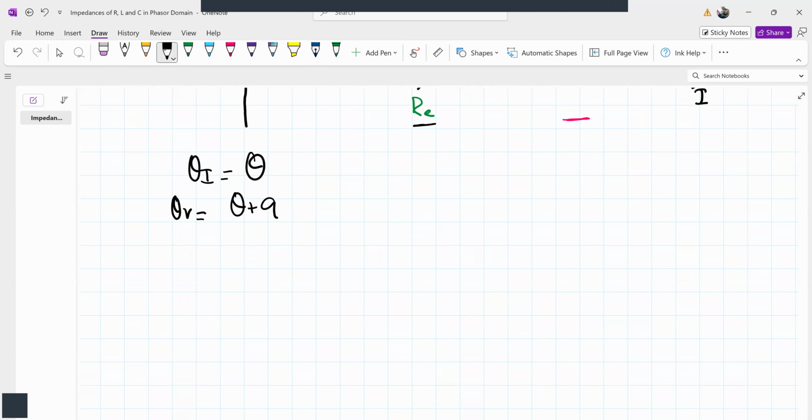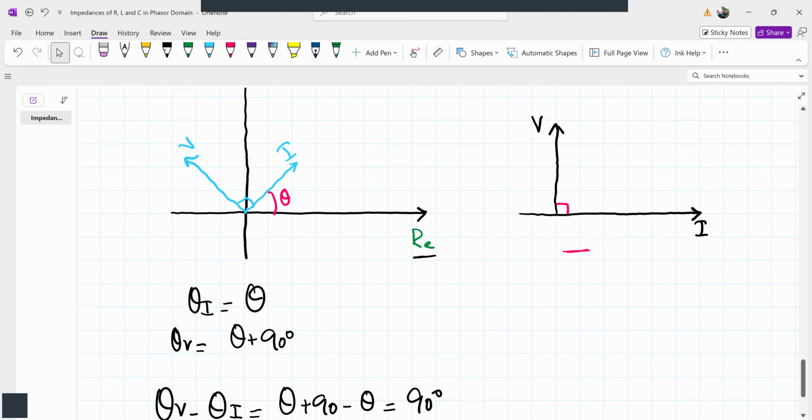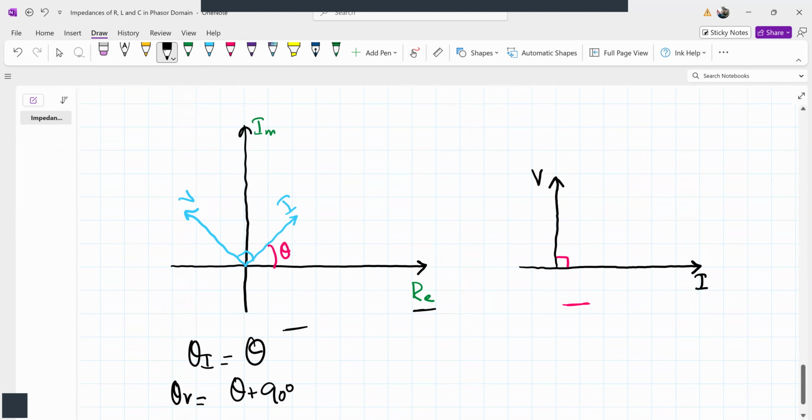Theta plus 90 degrees in an inductor. So what will be the phase difference between voltage and current? Just theta plus 90 degrees minus theta, that's equal to 90 degrees. So the phase difference between voltage and current in an inductor is this, and this is the phasor diagram. This is the general complex plane. This is assuming that our reference is current.